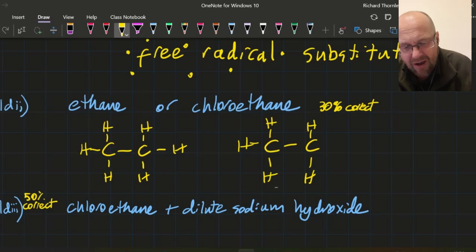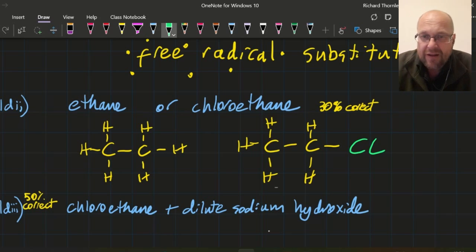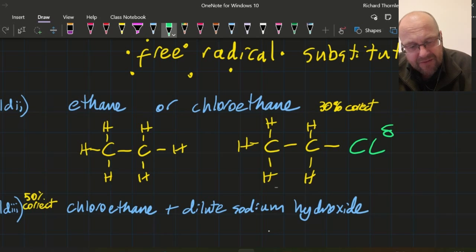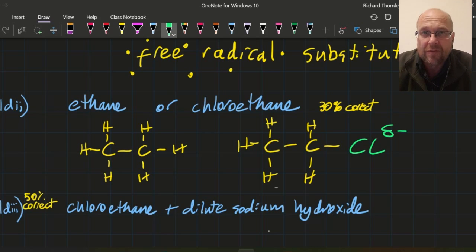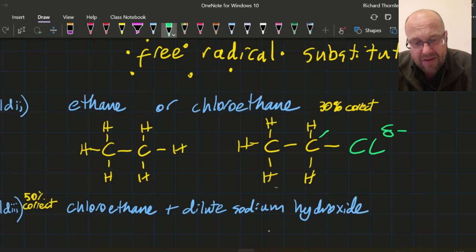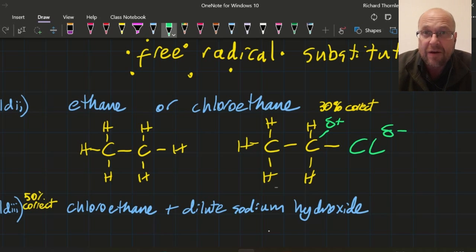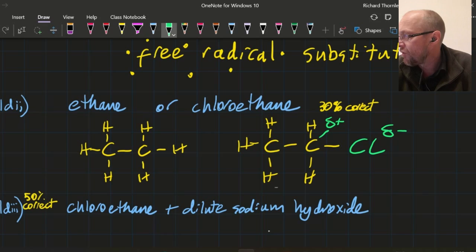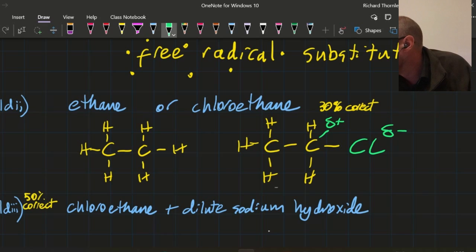So chlorine has a high electronegativity compared to the carbon. So the electrons are going to be dragged down that one end. So this end's going to be a little bit negative, which means it's going to be vulnerable to attack by things that love negative things, so electrophiles. And this bit here is going to be a little bit positive. So it's going to be potentially attacked by nucleophiles, things that love positive. So it's going to be more reactive. It's the chloroethane.